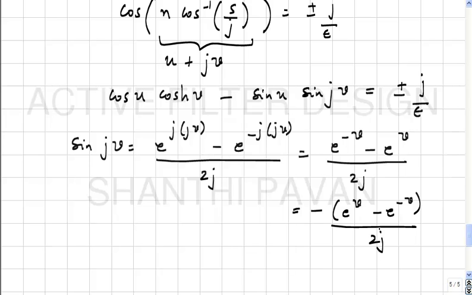Minus 1 is nothing but j square, so this is nothing but j sin hyperbolic v.